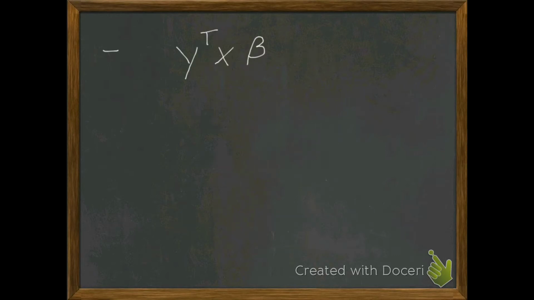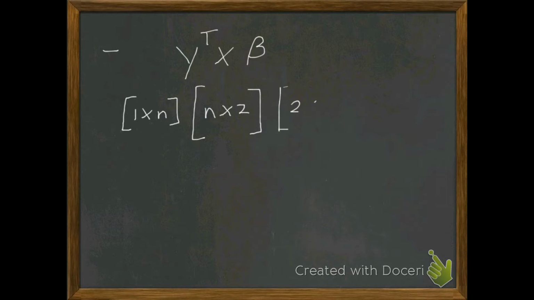The y transpose, our y is going to be an n by 1 vector, so the transpose is going to be a 1 by n vector. X is going to be an n by 2. And the beta matrix is going to be a 2 by 1.